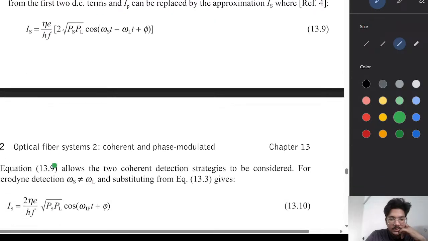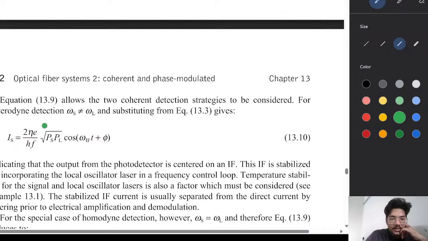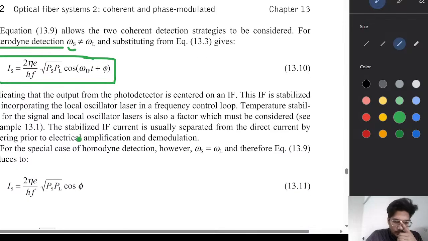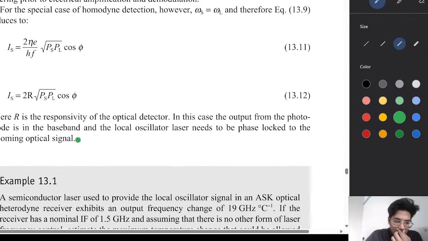So the final result for heterodyne, where omega S is not equal to omega L, is this. R is the responsivity of the optical detector. In this case, the output of the photodiode is based on this.